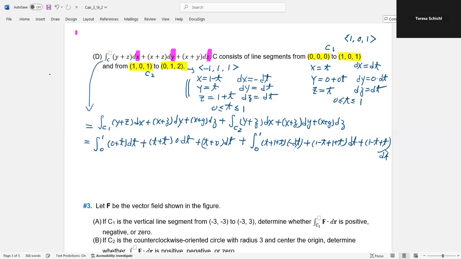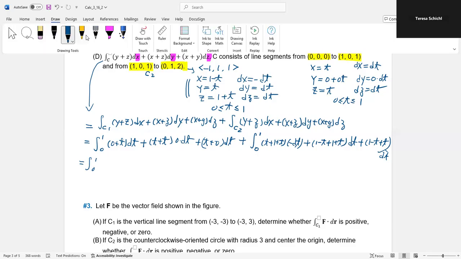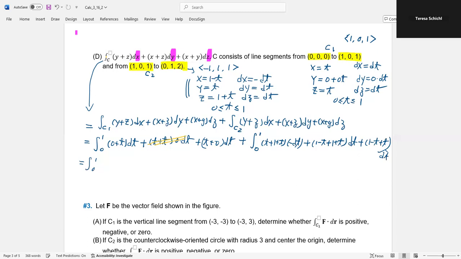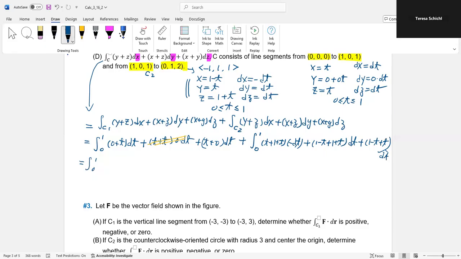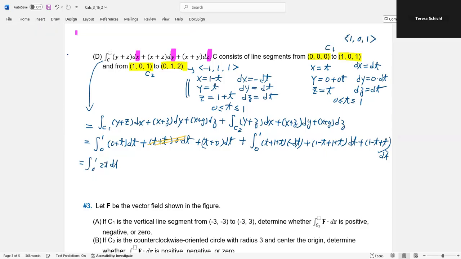All right, so we can simplify a little bit. So this one here, this is 0 to 1. And this thing is going to disappear because it's 0, right? So you have 1t, 2t here. So how many t do I have? I have a 2t dt. All right, so it becomes pretty easy.